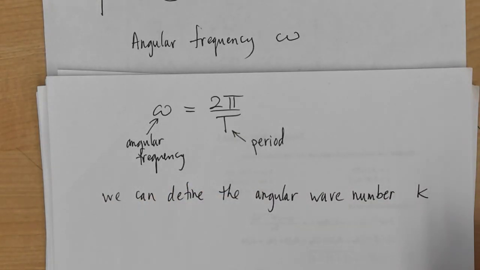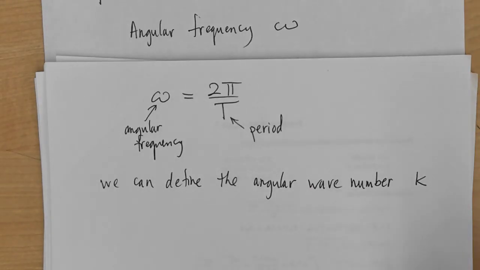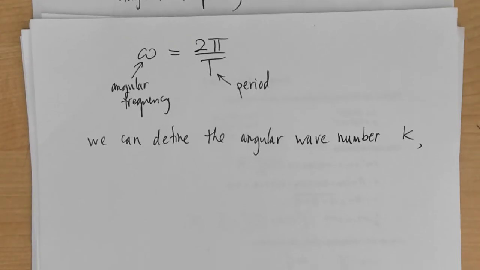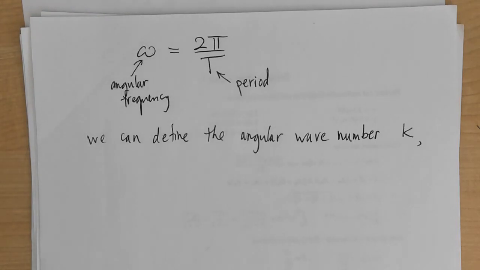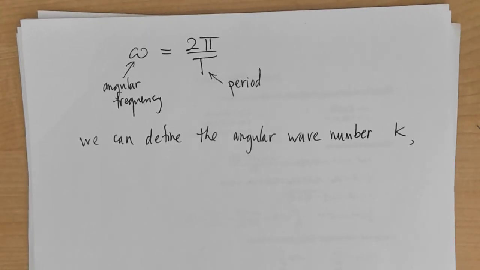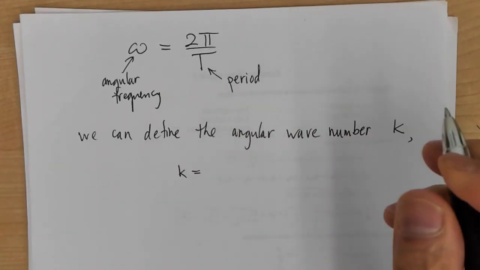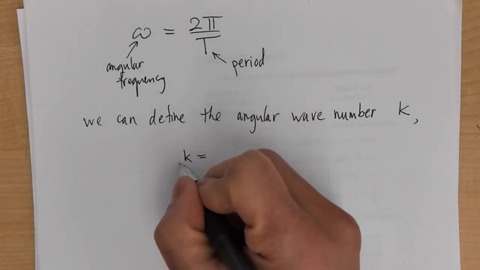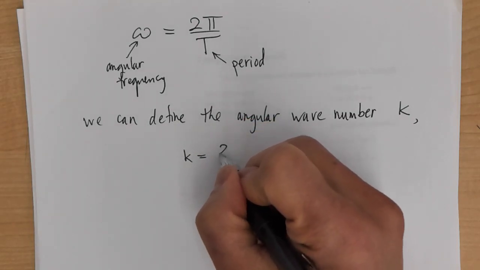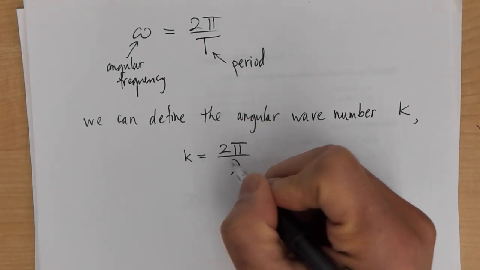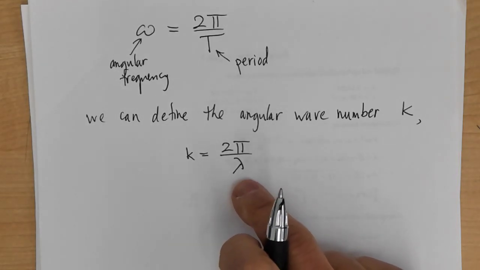And that has a symbol small k. Now, it's a little unfortunate that we're using, again, the symbol small k, because we use this for spring constant, but that's something we'll just have to deal with, because this is the standard symbol for wave number. It's defined as 2 pi divided by lambda, the wavelength.